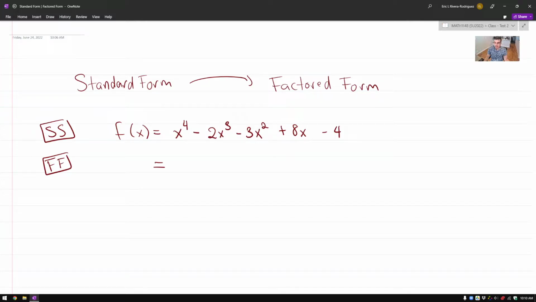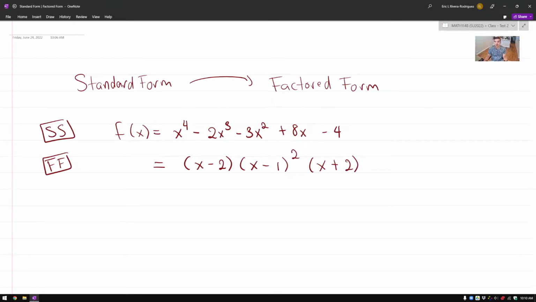So the factor form of this polynomial is the following: x, open parenthesis, x minus 2, closing parenthesis, open parenthesis, x minus 1 to the power of 2. We close that parenthesis and then one more set of parentheses, x plus 2.